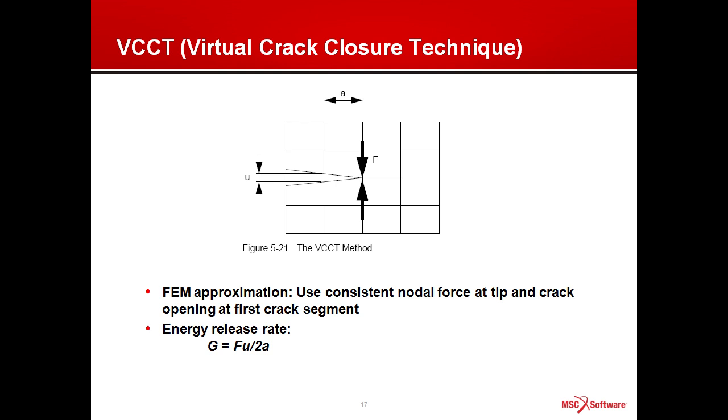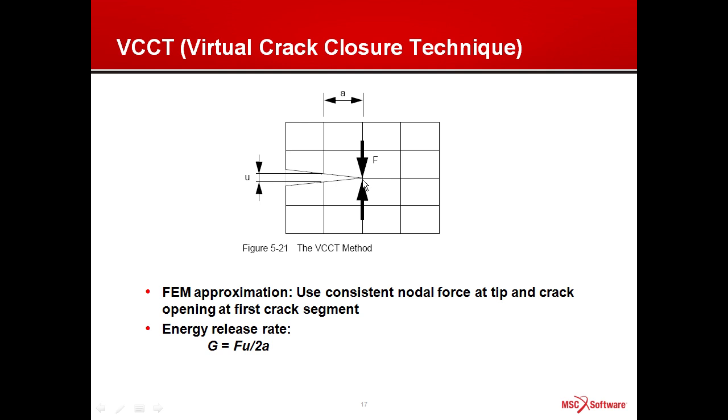Here is a shell mesh, and you can see there is an existing crack in the model. And let's start loading up the structure. And as the crack tip is under loading, you can see internally at this grid point, there's a force F acting on this tip to keep it closed.